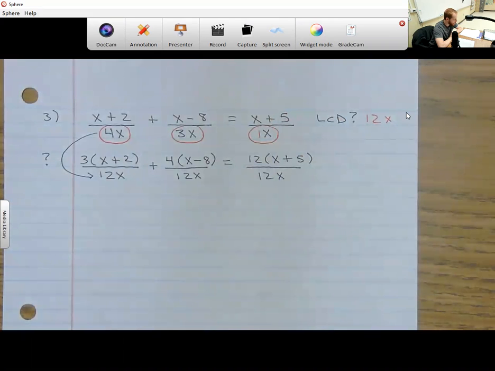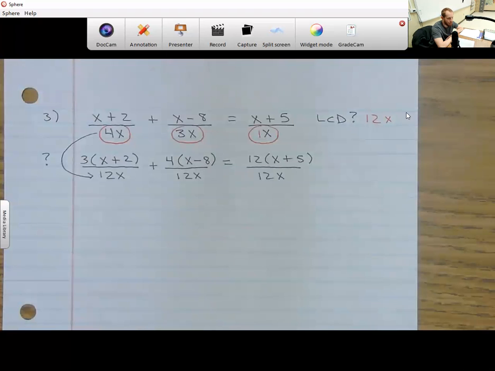And now, since I've replaced all the numerators, I can move on to my step 4, which is to set all the numerators equal and solve for the variable. Now, at this point, all the denominators are the same.